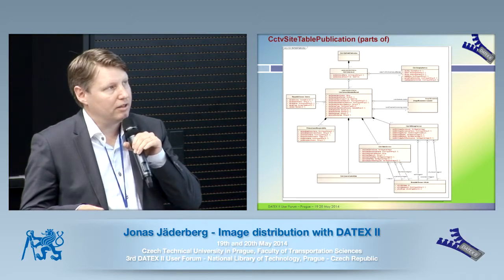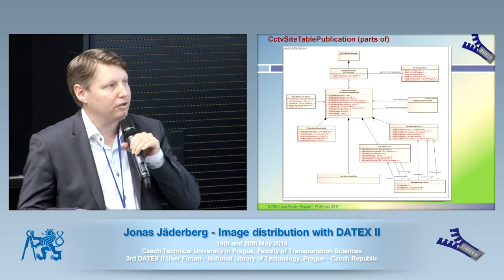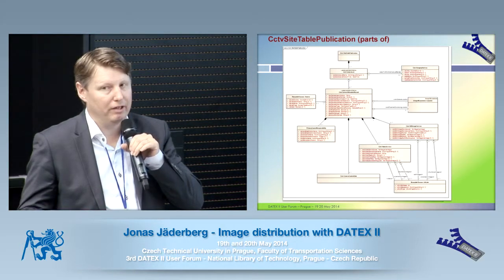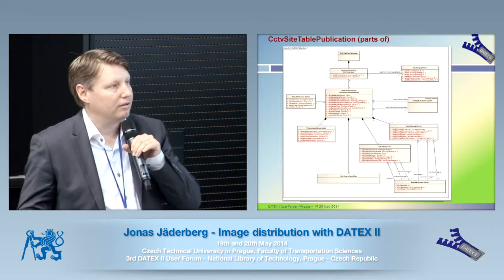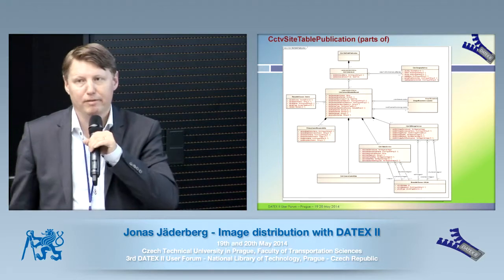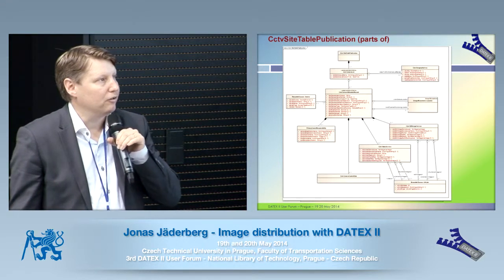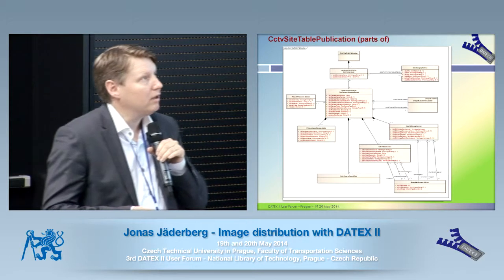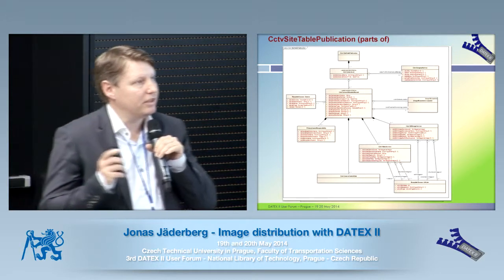And then this can have a still image service or a video service, and they all point to URLs. The still image could be a reference image, thumbnail image, and so on. So this is the static part.